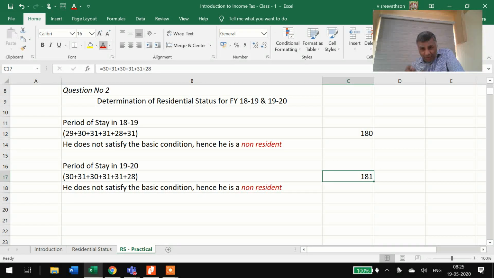You have to advise them: come on 3rd of October, leave on 28th of September of the subsequent year. You would have almost stayed for 1 full year, spread over 2 financial years, but you would not have become a resident at all.